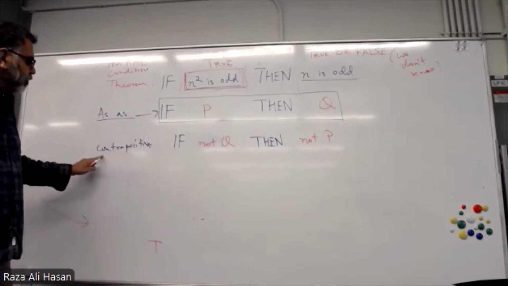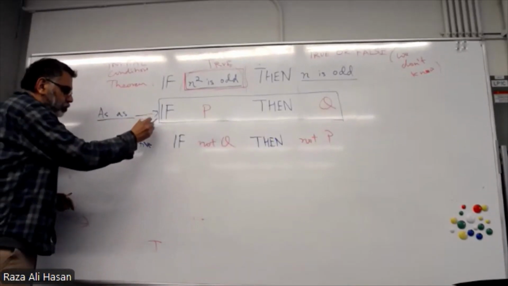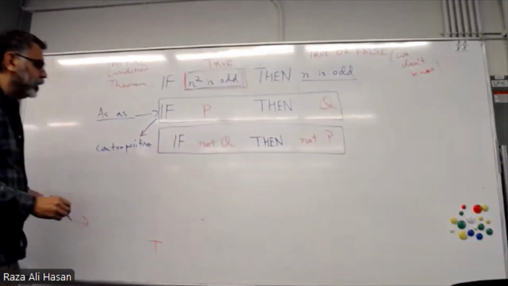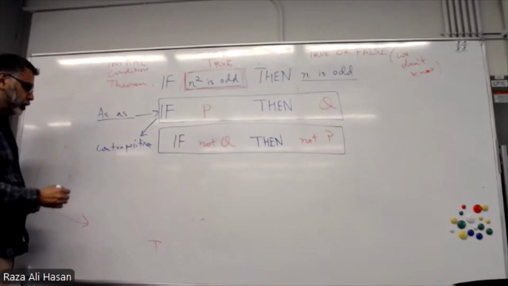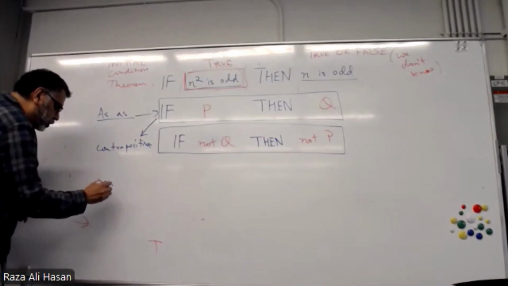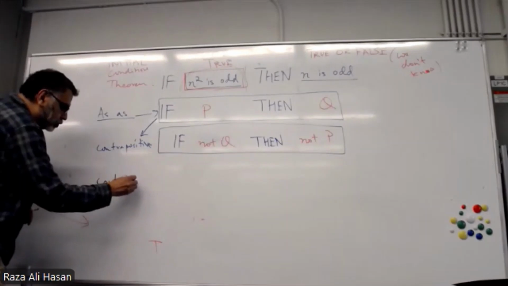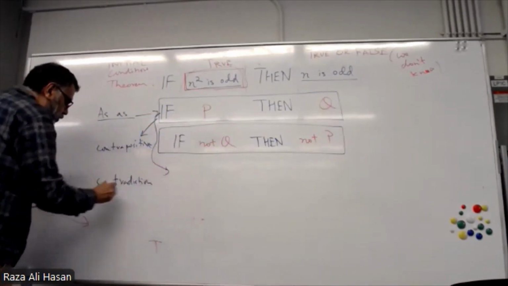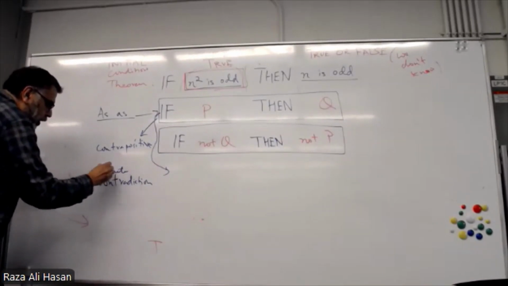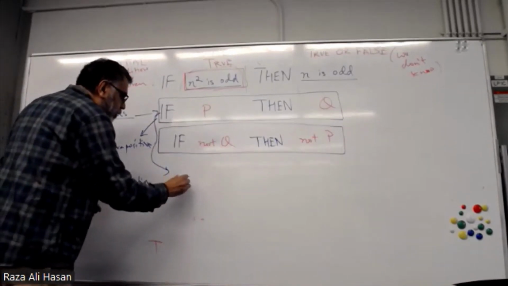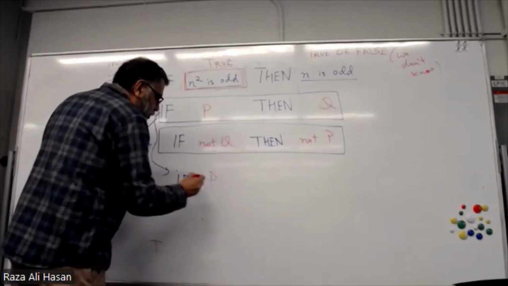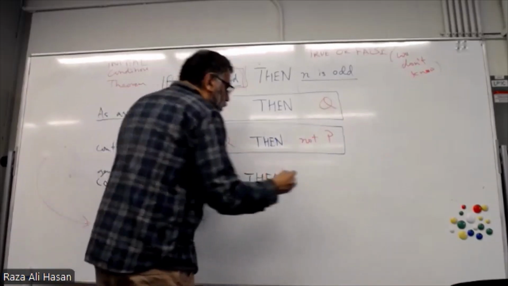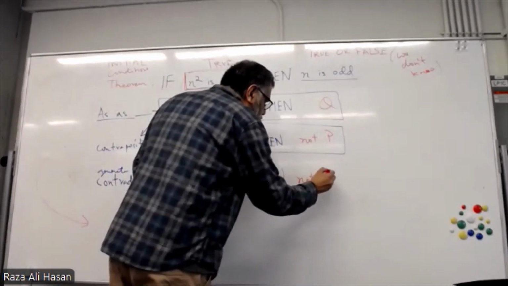If that doesn't work, we take the contrapositive of this and prove this. The third way is to restate the theorem to generate a contradiction. We're going to restate this guy to generate a contradiction in the proof. So we're going to do this. If P, then not Q.